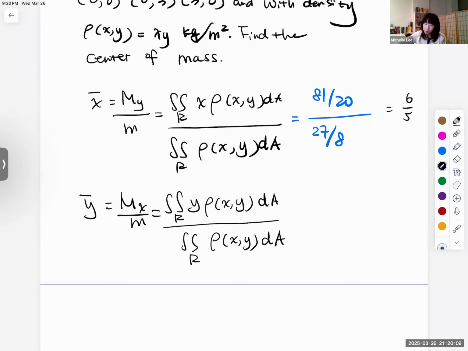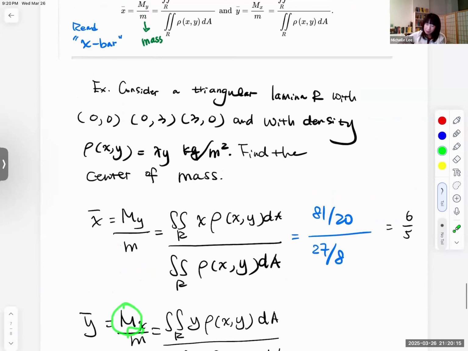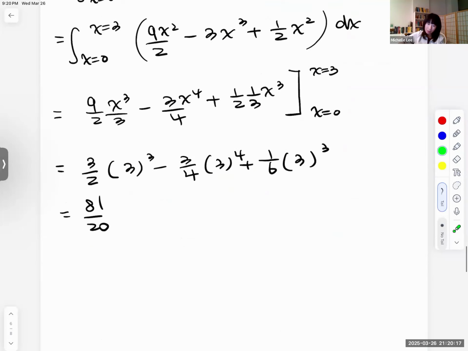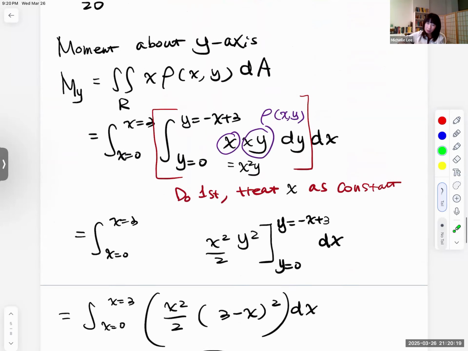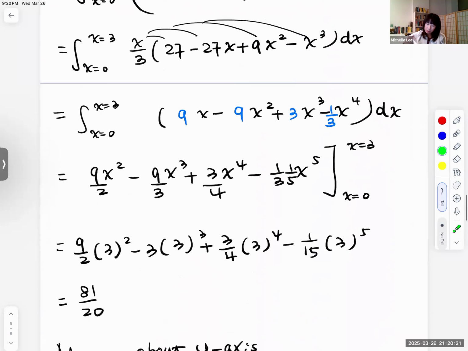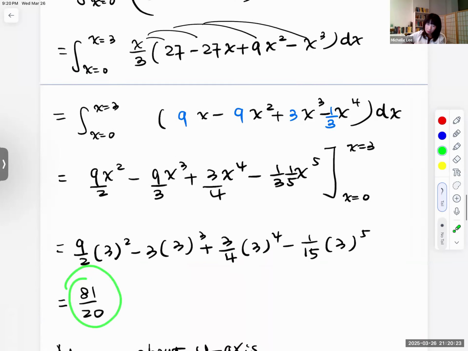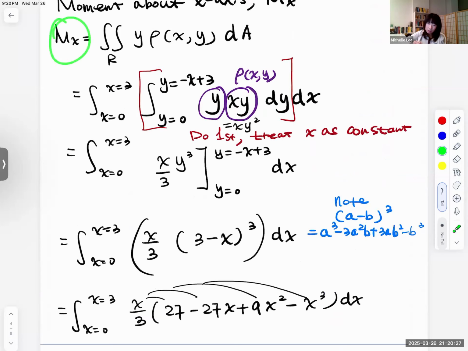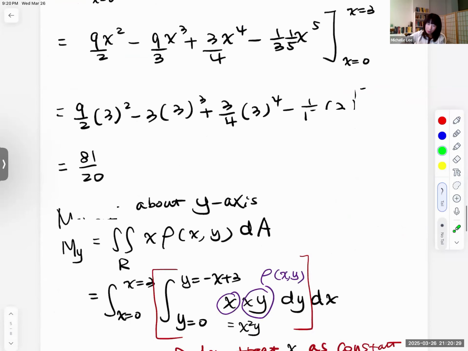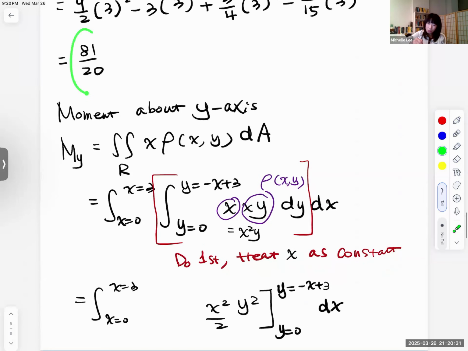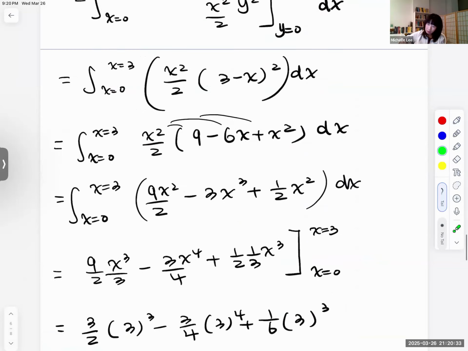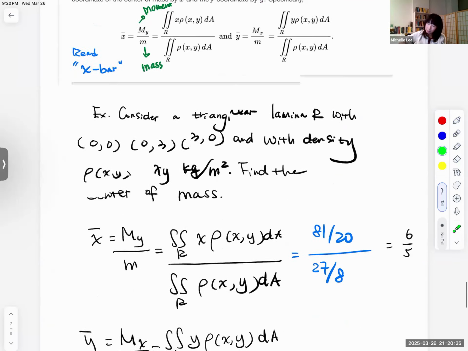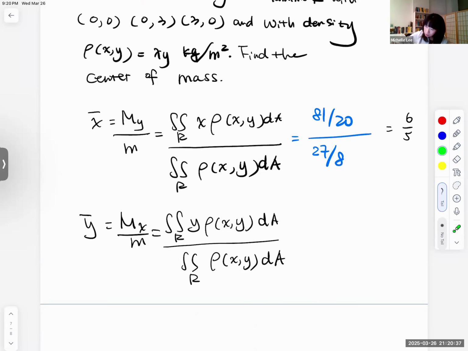Okay, now we want to know about the moment about the x-axis. This is also this number, right? So there will be 81 over 20, and the mass is the same mass.